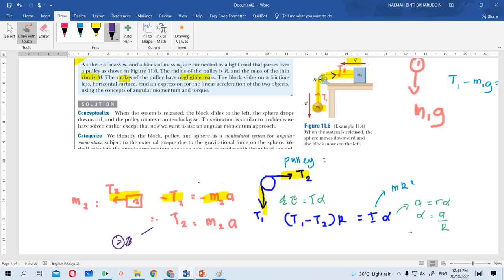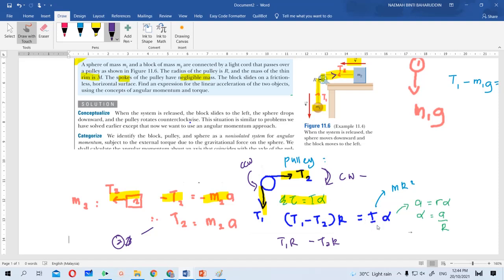Now, this is the part you have learned previously, whereby torque is I alpha, net torque to be precise. You will find that T1 produces counterclockwise torque, and T2 produces clockwise torque, which is a negative torque. So individually it becomes T1R minus T2R, and we factorize it, equivalent to I alpha.